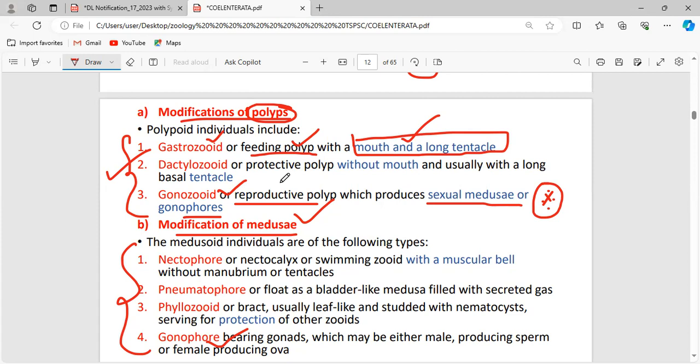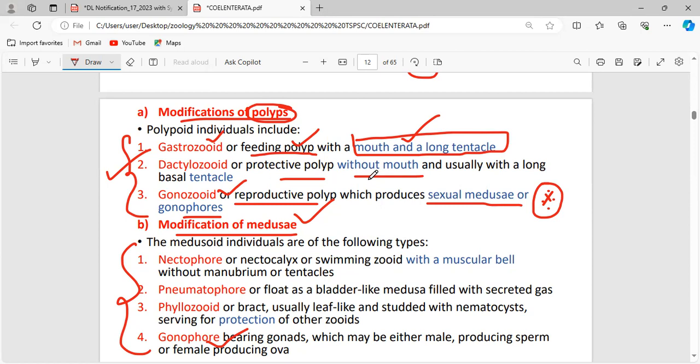These are the modifications of the polyp. The second one is the dactylozooid. As I have mentioned previously, this is concerned with the protection function, with nematocysts. It is a protective polyp without a mouth. For protection there is no need for a mouth, but it needs a basal tentacle.